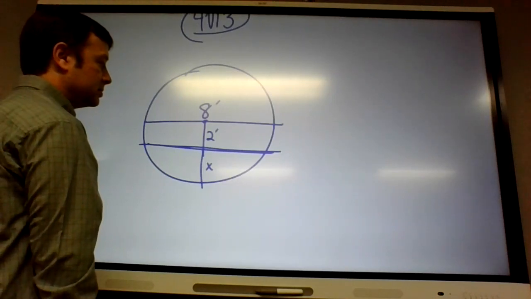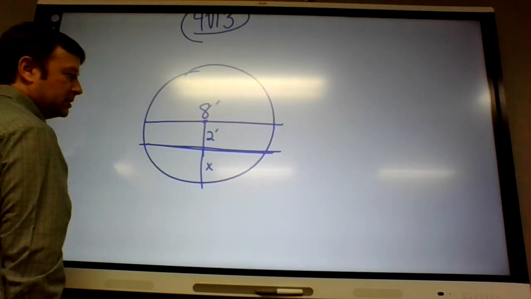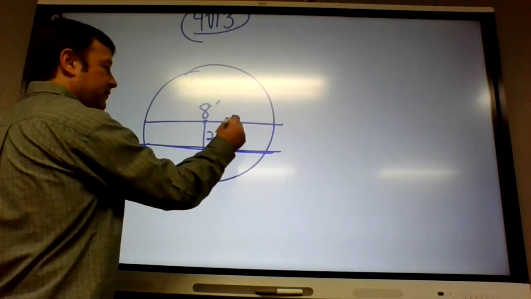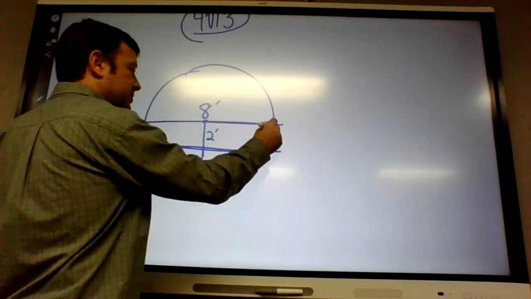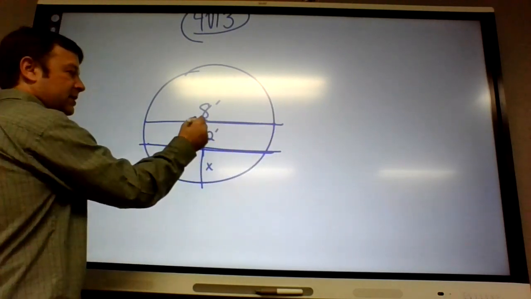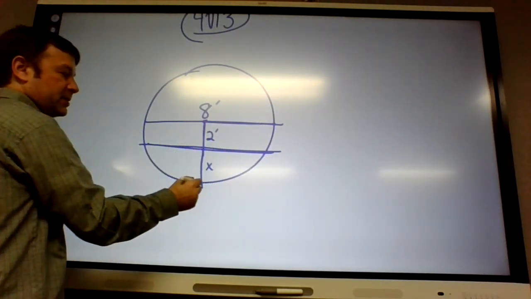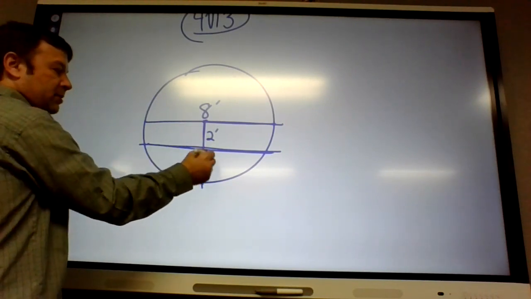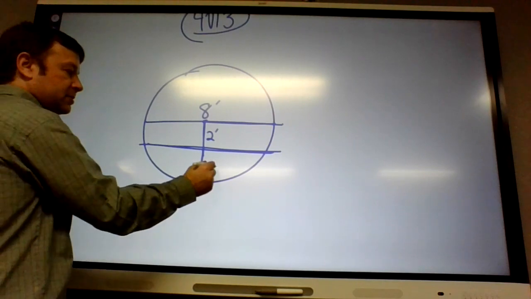Okay, if the diameter is 8 feet, how long is this part? Just the radius, I mean. Okay, and this is a radius too, right? So that's 4 feet. So how long must X be? 2 feet.